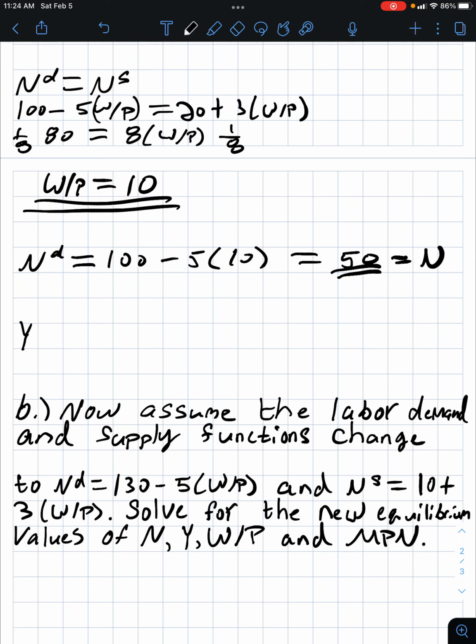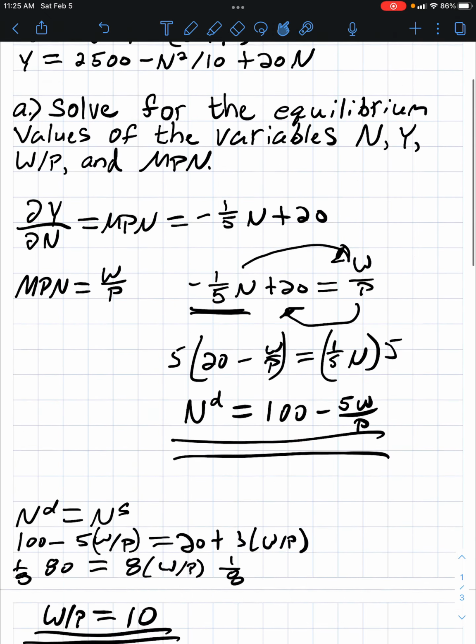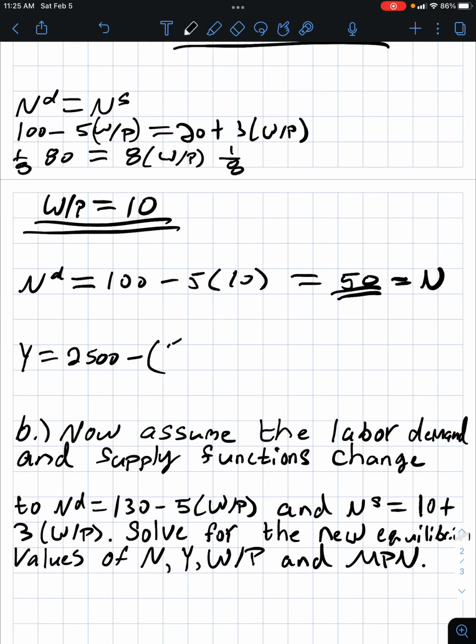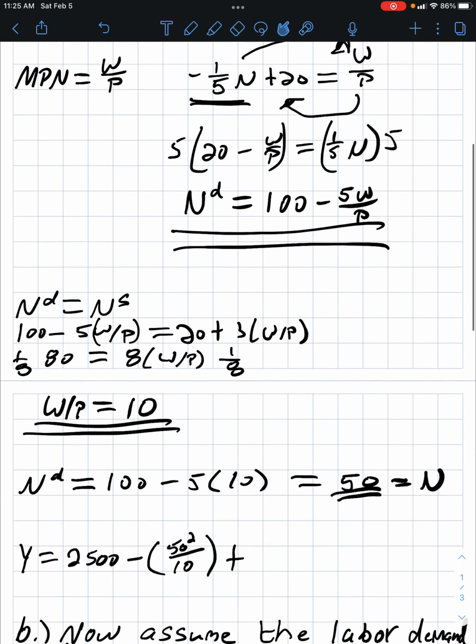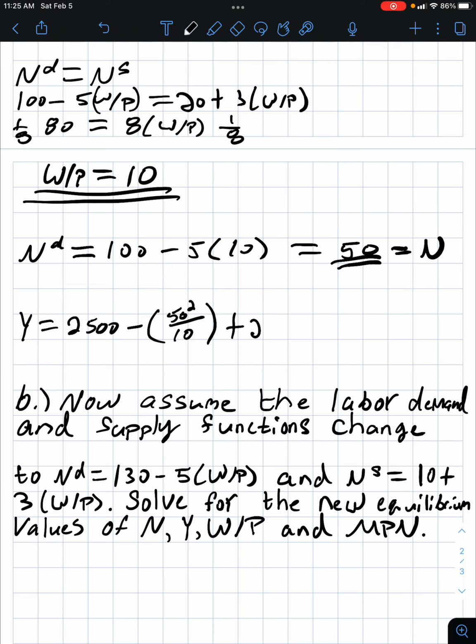So we get y is going to be equal to 2500 minus 50 squared divided by 10 plus 20 times 50, and this is going to be equal to 3,250, and that is our solution.